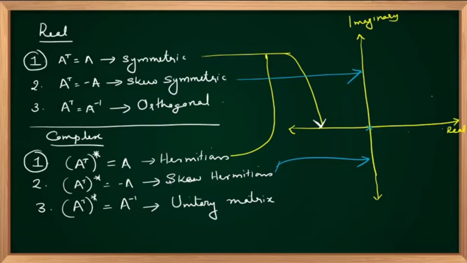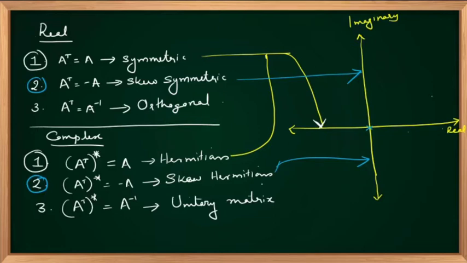The question was, for all skew symmetric matrices, the eigenvalues will be. They have given 4 options: always imaginary, always real, generally complex, and the last option was either purely imaginary or 0. The correct answer for that question is either purely imaginary or 0, and that is applicable for skew symmetric as well as skew Hermitian matrices.